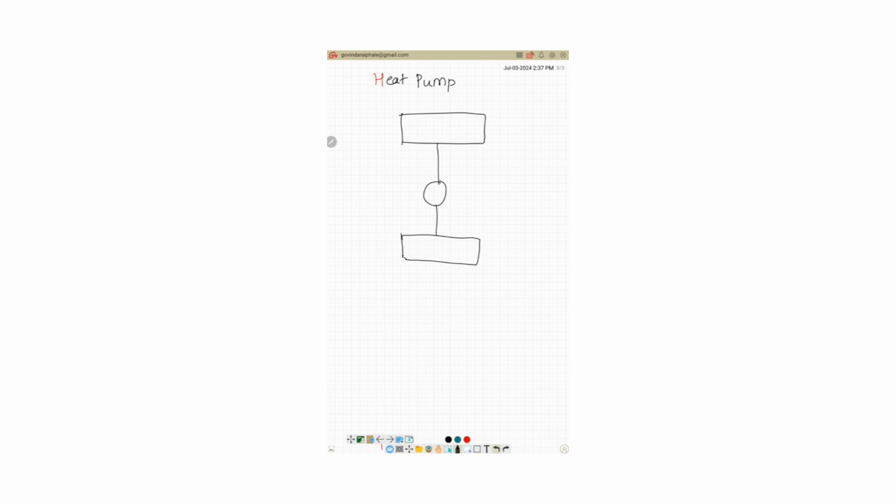It is also not a work producing device, but the main aim of the heat pump is to heat the space. Like a refrigerator is used to cool the space, the heat pump is used to heat the space.